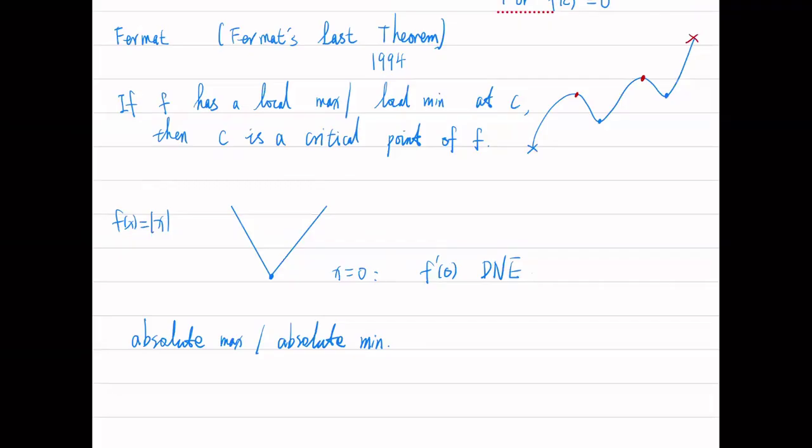Now, the steps to find the absolute max and absolute min. From the definition, we have to compare the value at each point. There are too many points, we cannot do that. So what we do is find the values at the endpoints. That's easy, just two endpoints. Then in the interior, we find the critical points and compare their values with the endpoints.